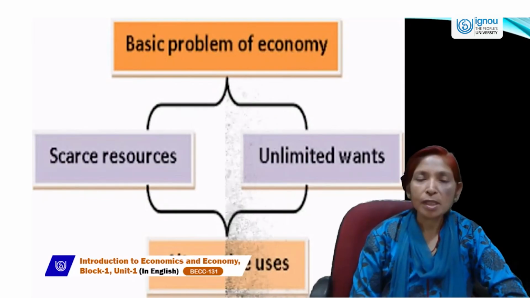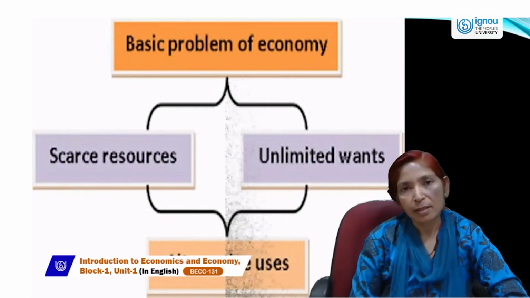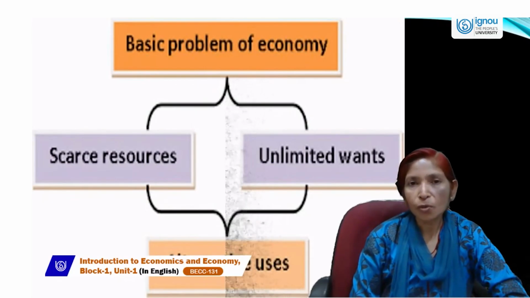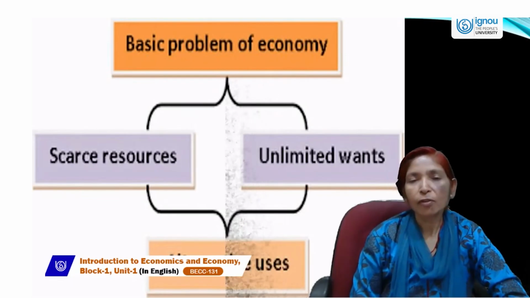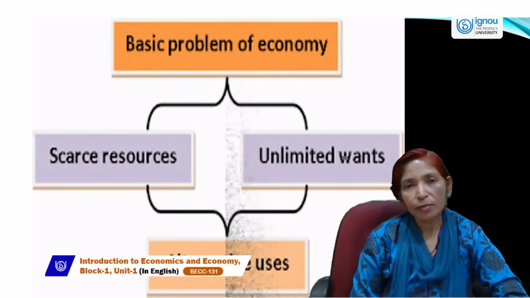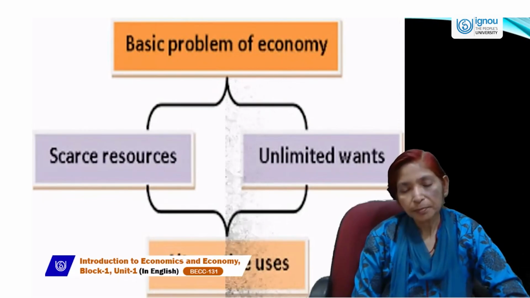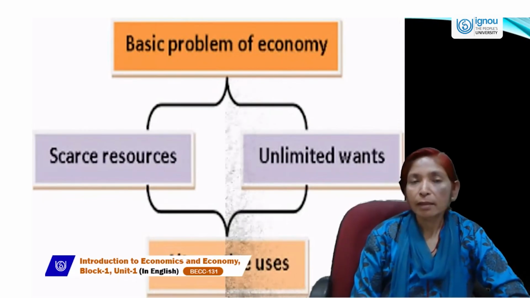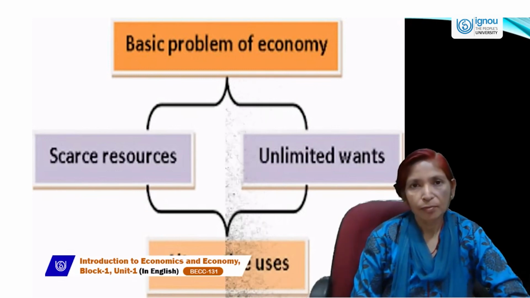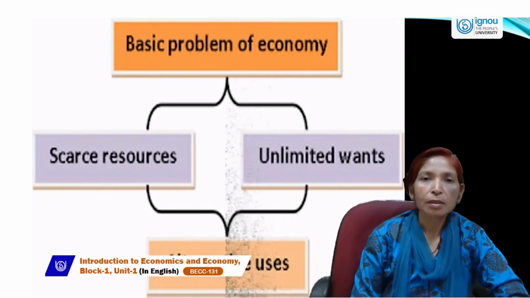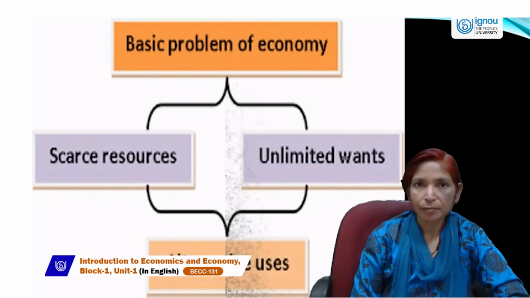And resources have alternative uses. We can use different available resources in so many works and to fulfill so many wants of the country's people. For example, electricity can be used for different purposes. Milk can be used for different purposes.